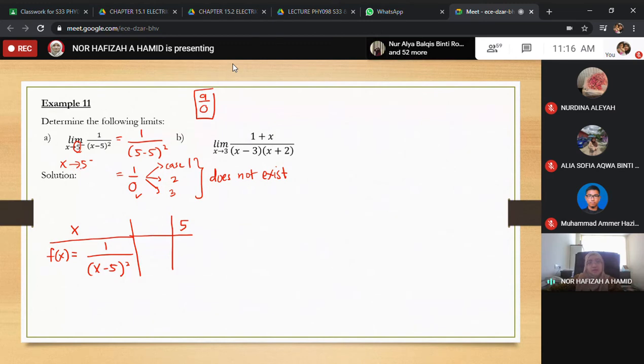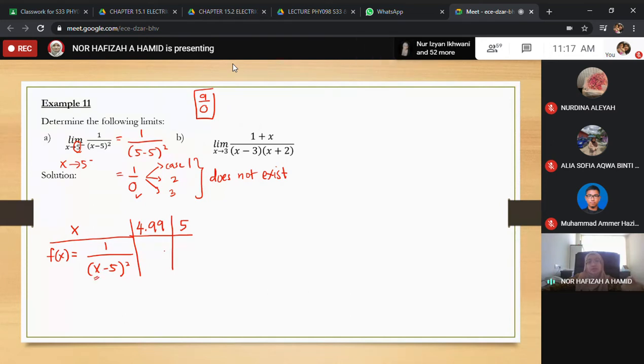So if from the left, you choose a value to the left of 5, meaning a value less than 5. Usually I take 4.99, which is less than 5 but still close to 5. So I substitute x with 4.99.